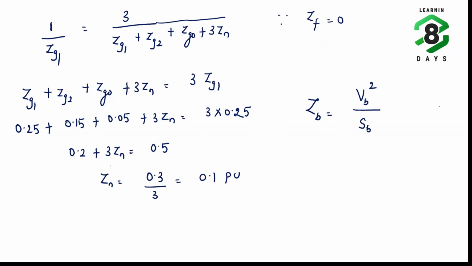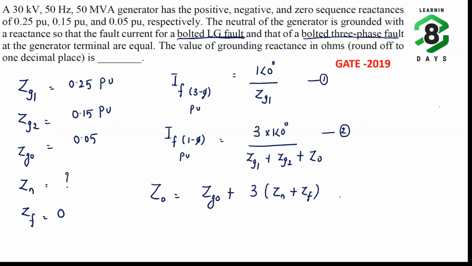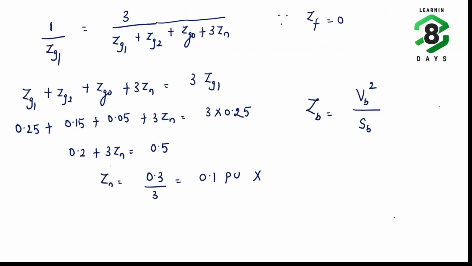The voltage base in this question is 30 kV and the MVA base is 50, so 30 square divided by 50 gives 1.8.